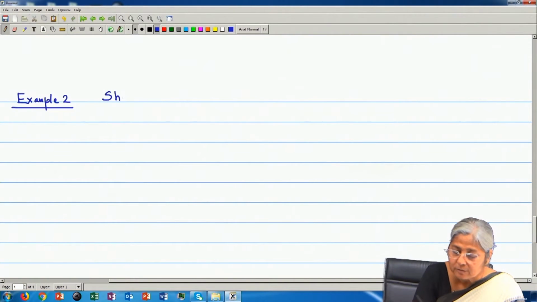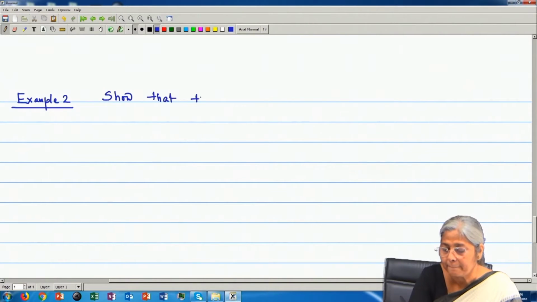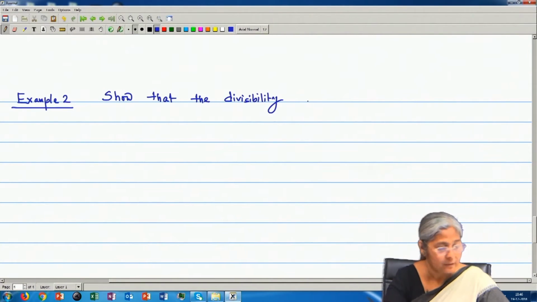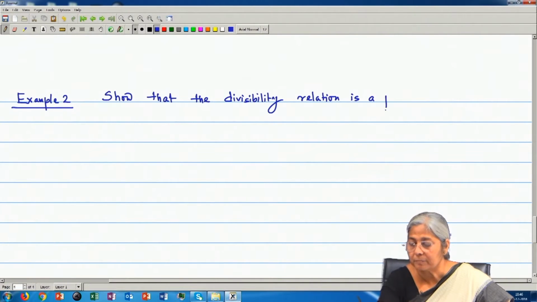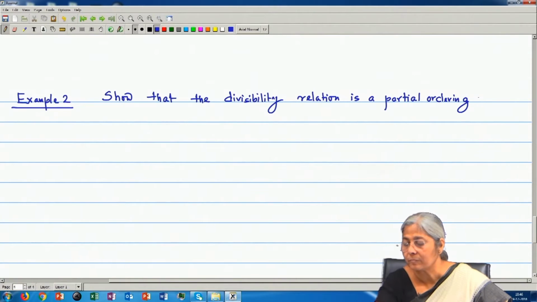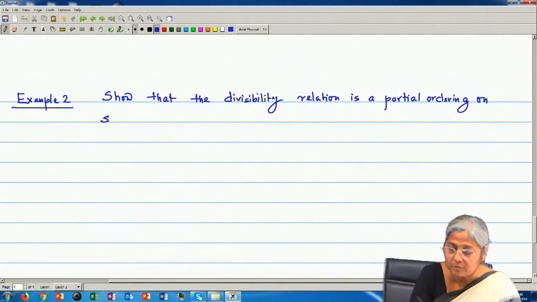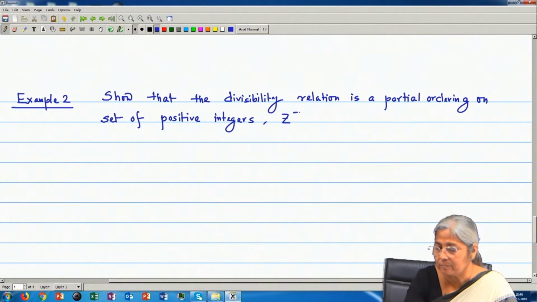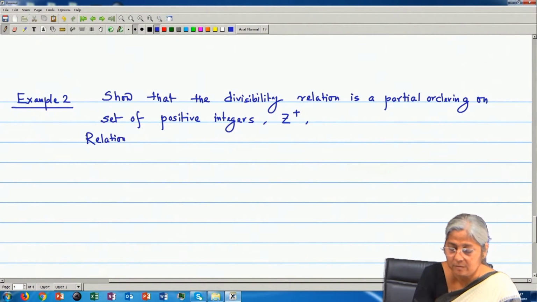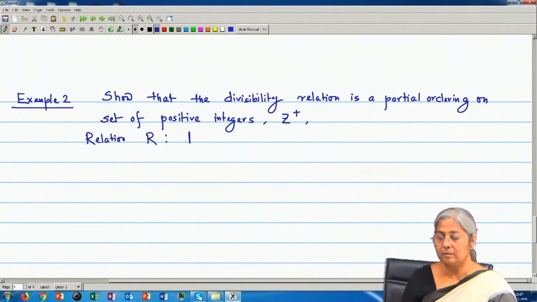So we show that the divisibility relation is a partial ordering on the set of positive integers, which we normally denote as Z plus, and the relation R we denote by division.